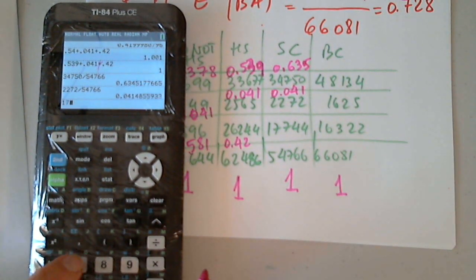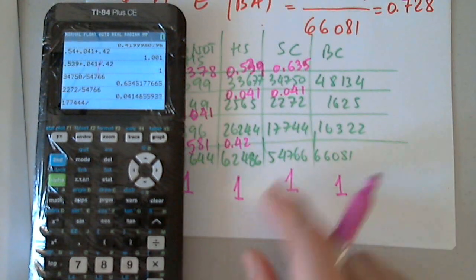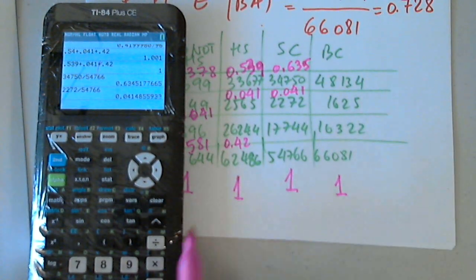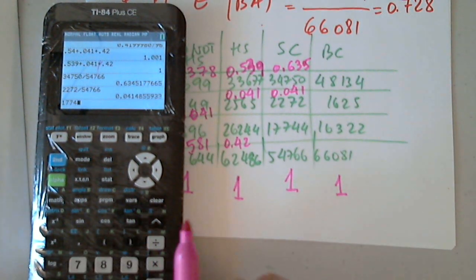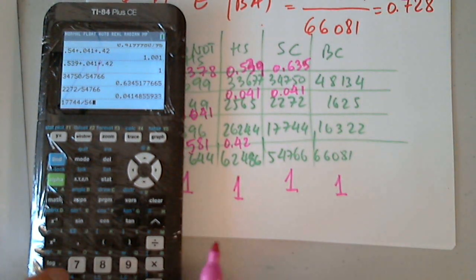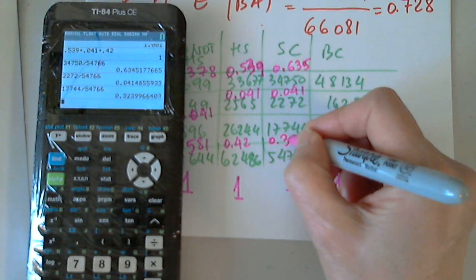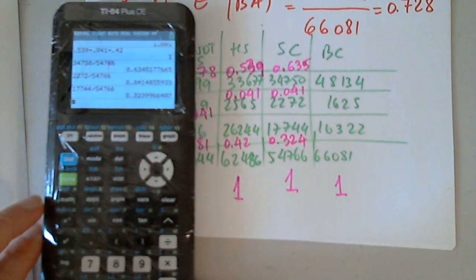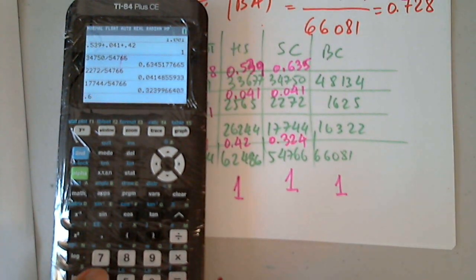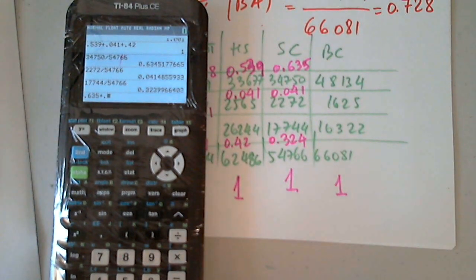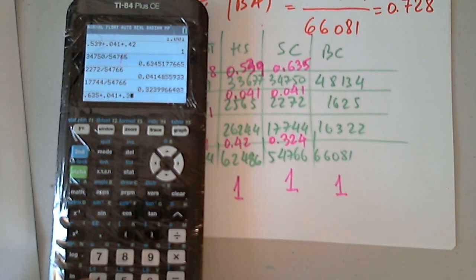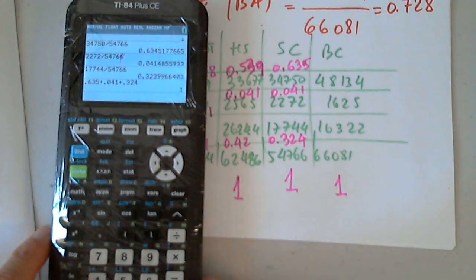And 17,744 divided by 54,766. And this is 0.324. Again, we'll see in a moment. 0.635 plus 0.041 plus 0.324. It's 1. Perfect.